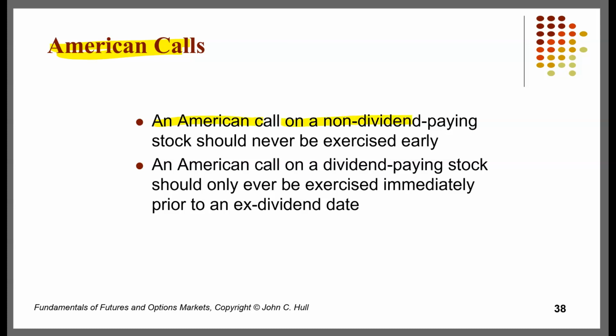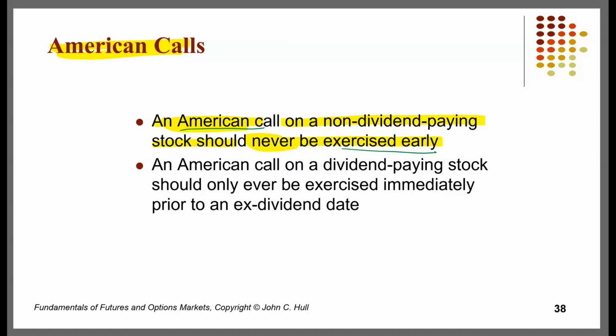An American call on a non-dividend paying stock should never be exercised early. Well, that is true. You remember, I think we talked about that in the previous unit, or you should have read about that in the previous unit. Why is that? Why should an American call not be exercised early on non-dividend paying stocks?